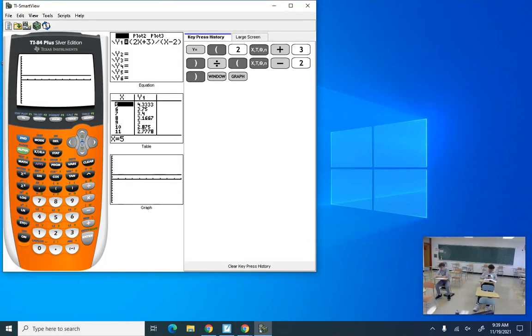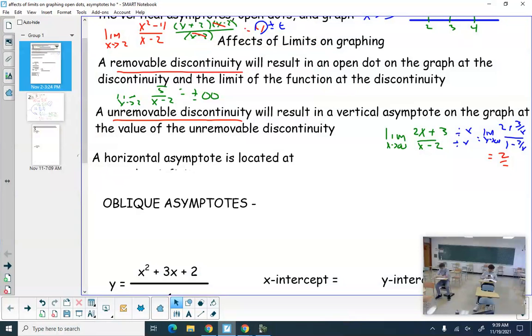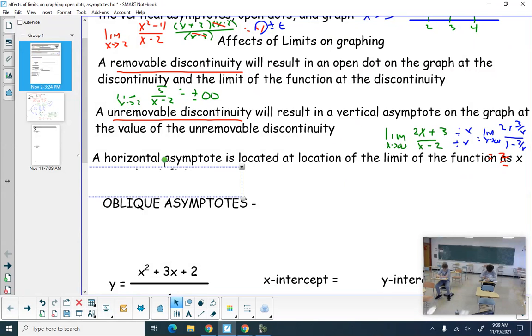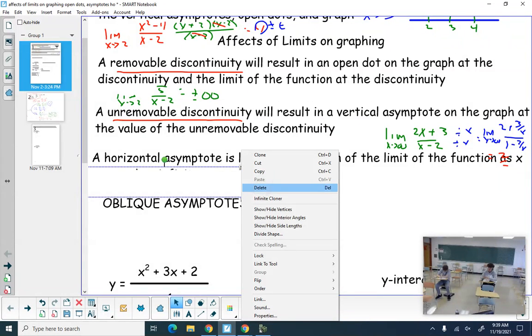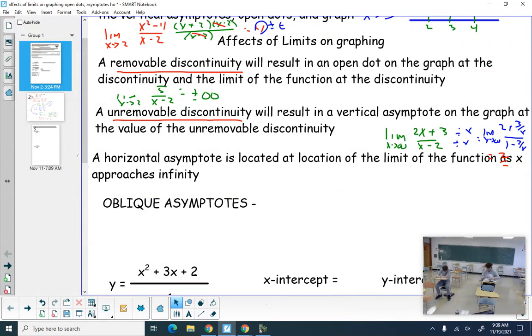So on my graph, what I achieve is what is called a horizontal asymptote. A horizontal asymptote is located at the limit of the function as it approaches infinity and beyond.